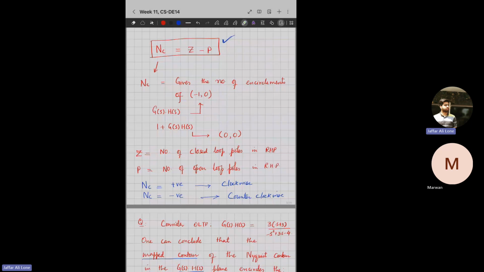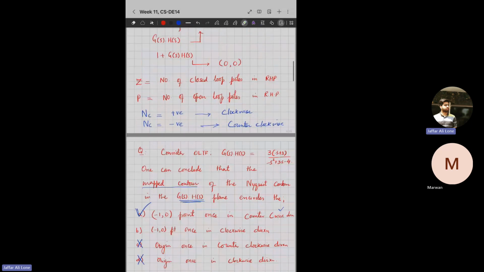And N_C is equal to Z minus P, where Z gives me the number of closed loop poles in the RHP, and P gives me the open loop poles in the RHP, right? If my N_C is positive, that means the encirclement is in clockwise direction. If my N_C is negative, that means the encirclement is in counterclockwise direction, right? So then we took this example.